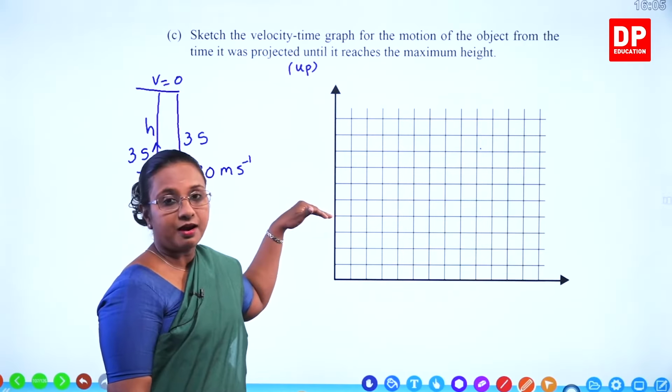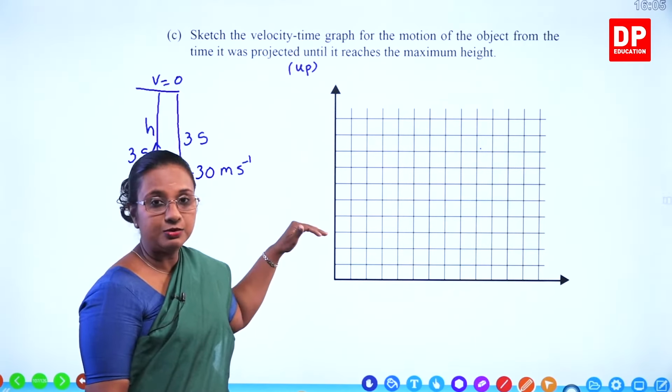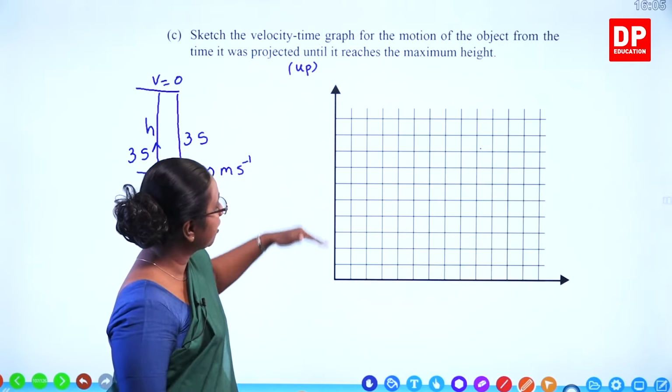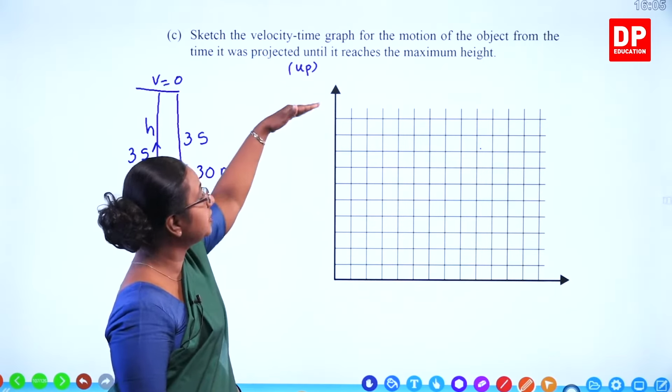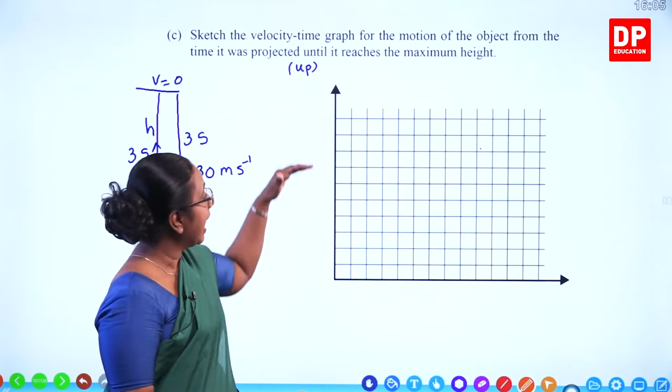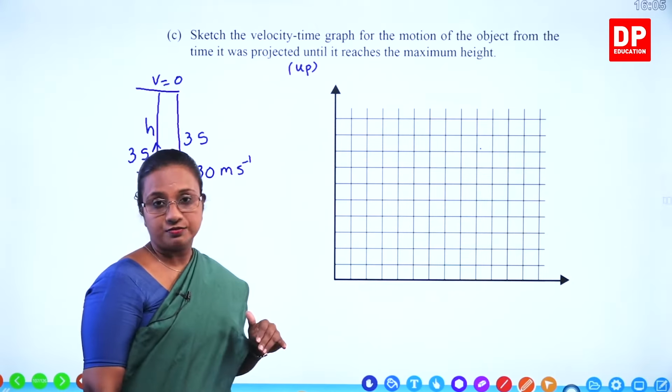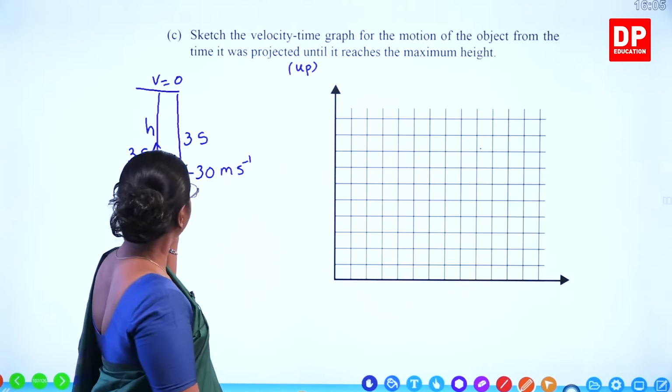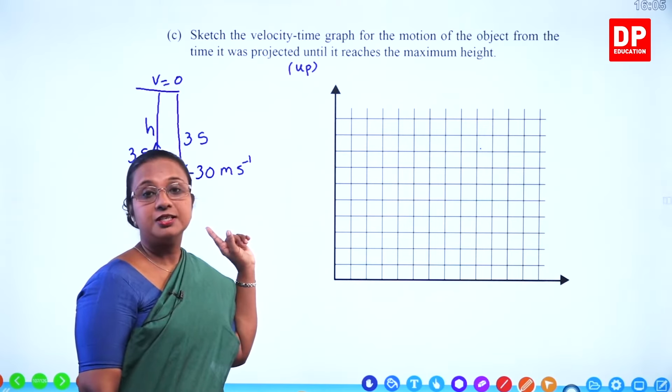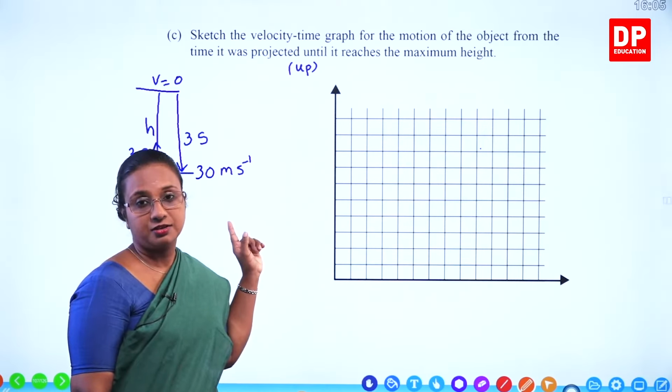We will get a graph that will have values on either side of the axis, the positive part of the y-axis and the negative part of the y-axis, because the motion changes direction.